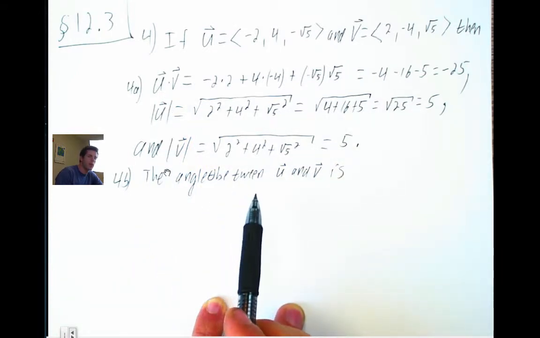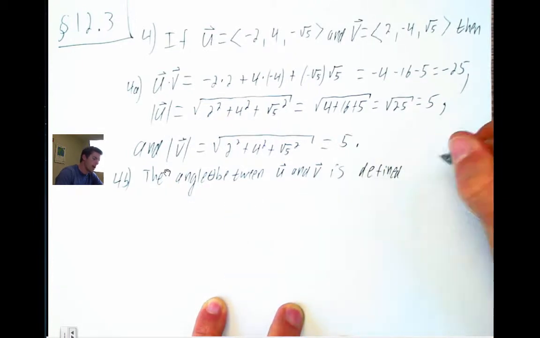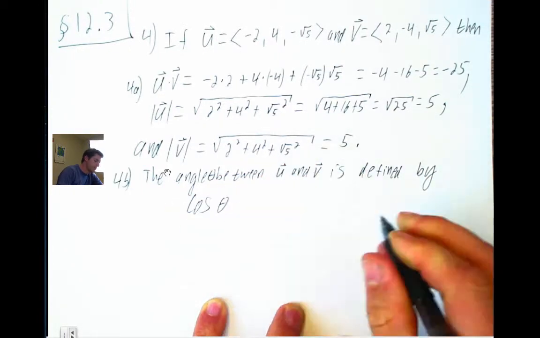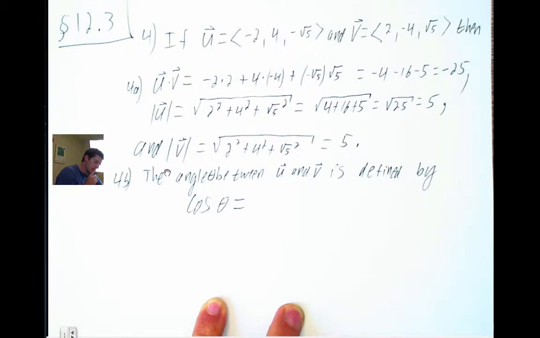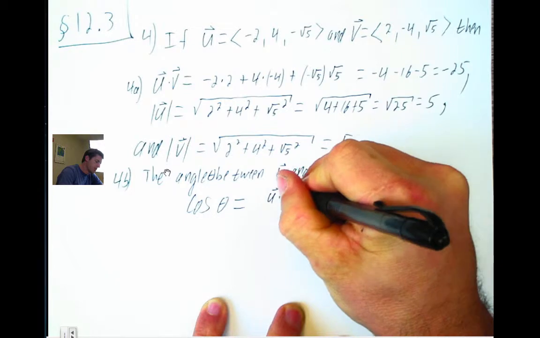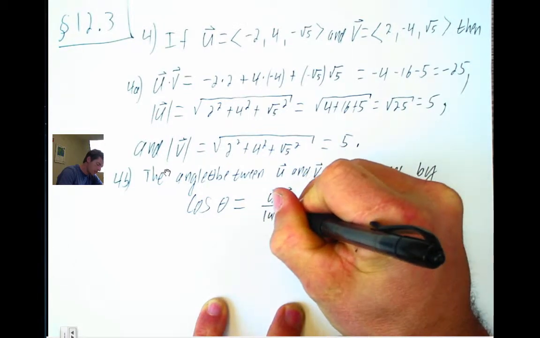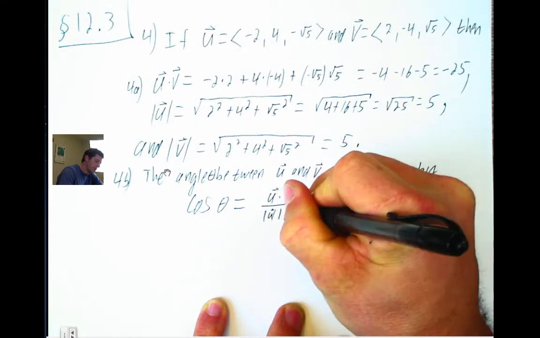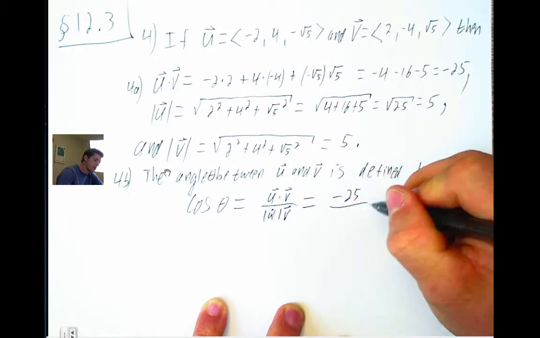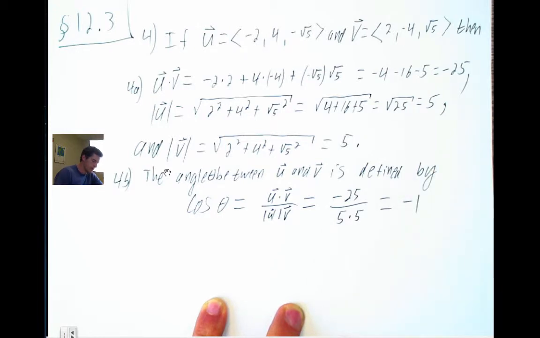The angle theta between u and v is defined by the expression: cosine of that angle is u dot v, which is simply a number, divided by the magnitude of u times the magnitude of v, which in this case is negative 25 over 5 times 5, which is negative 1.